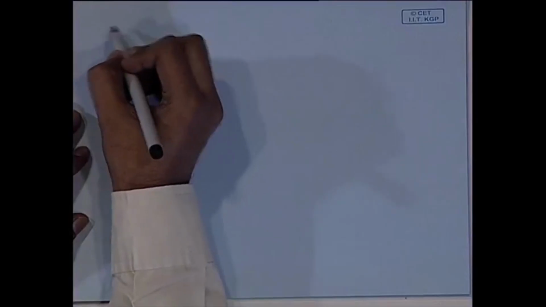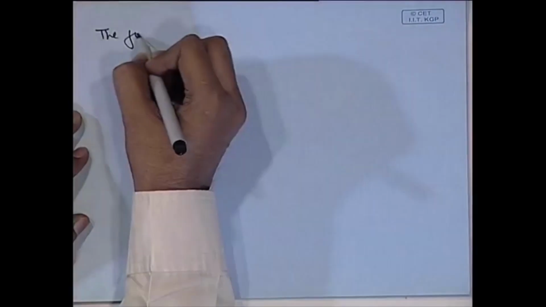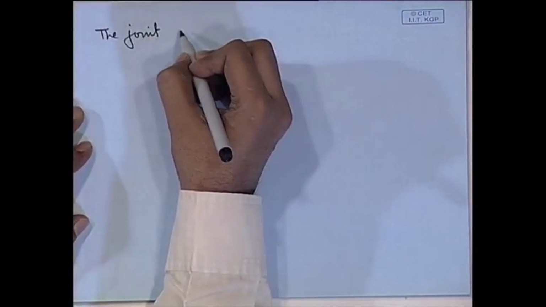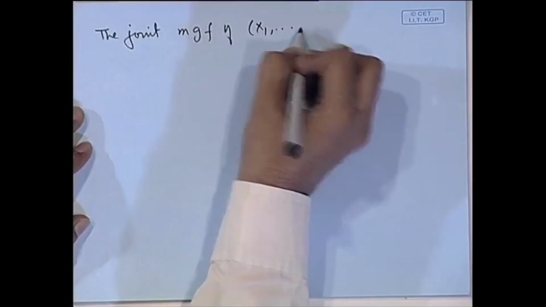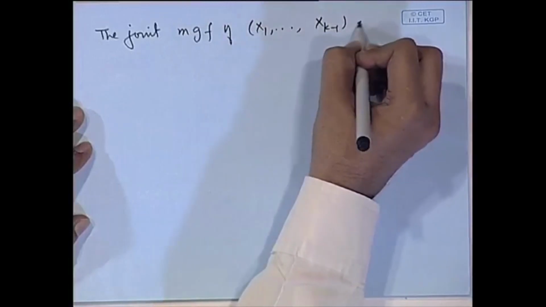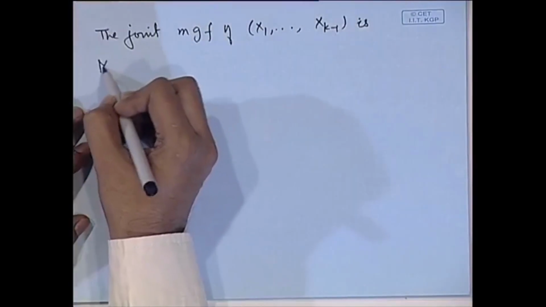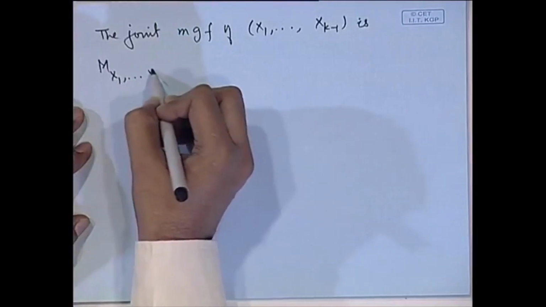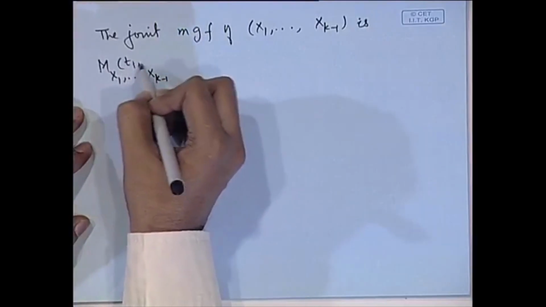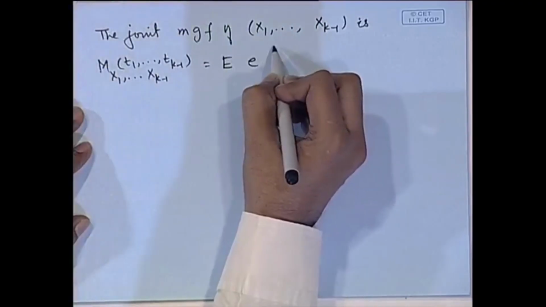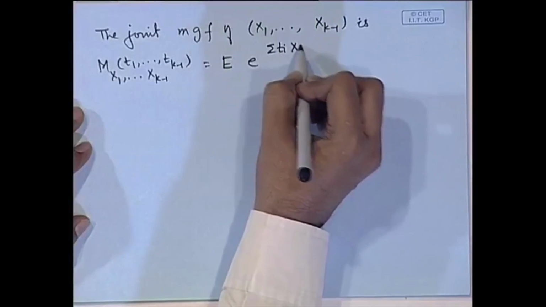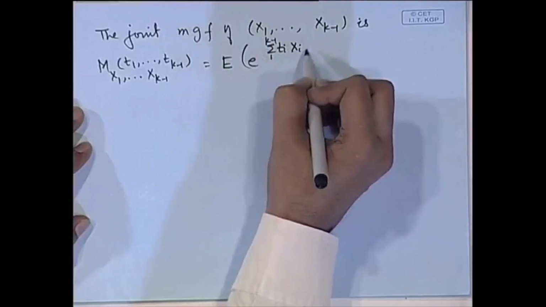Now, from a multinomial distribution, we can consider the joint MGF, the joint moment generating function of X1, X2, ..., X(k-1). So, it is evaluated at the point t1, t2, ..., t(k-1), that is expectation of e to the power sigma t_i X_i, i from 1 to k minus 1.